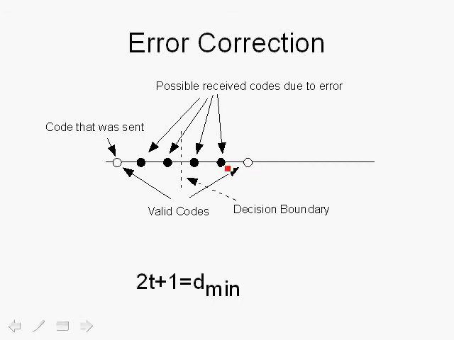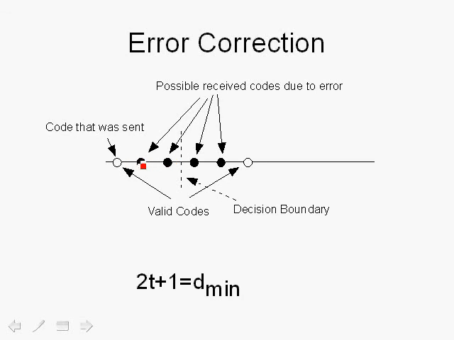So we're actually decoding by calculating the distance between the received code and the valid codes, and picking the code with a minimum distance, and then assuming that that was the code that was actually sent. This is, in fact, a maximum likelihood decoding procedure. Now notice that if the distance is large, then we have a capability to actually correct errors.